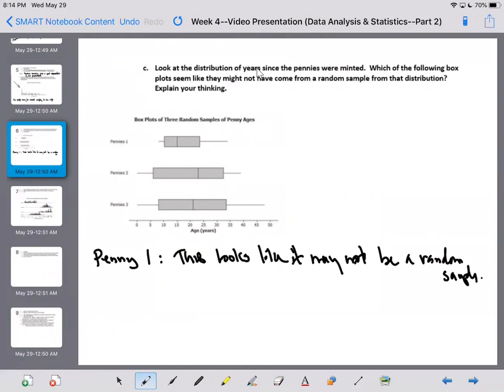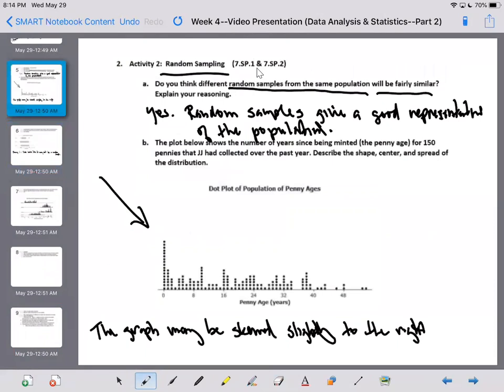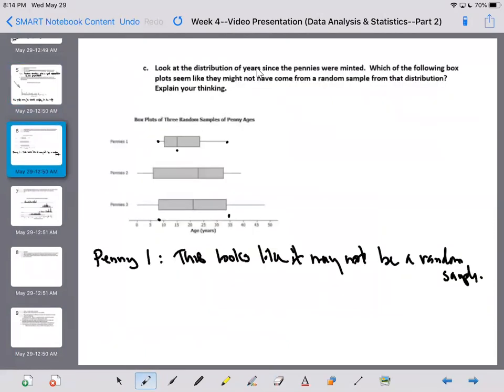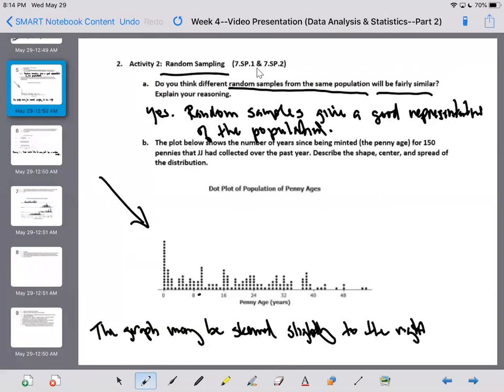Now here's why. If you look at your minimum amounts, your minimum looks like it's somewhere around 9, and your maximum looks like it's somewhere around 35, and your median looks like it's somewhere around 15. So if we go back and look at the original, minimum of 9 and maximum 35, somewhere in there.